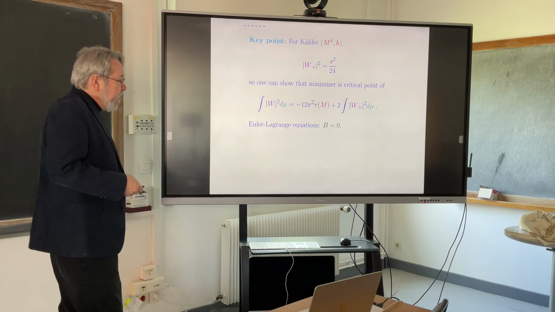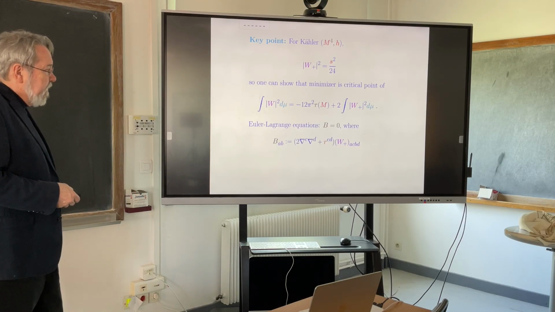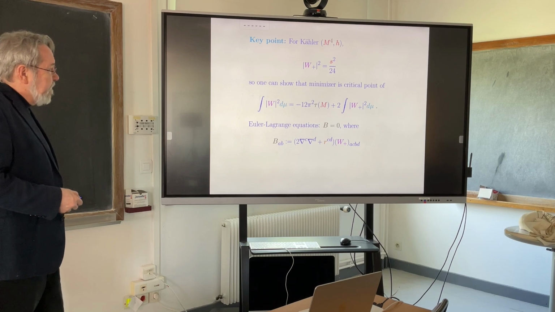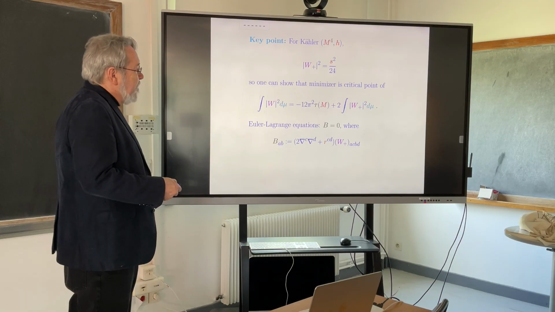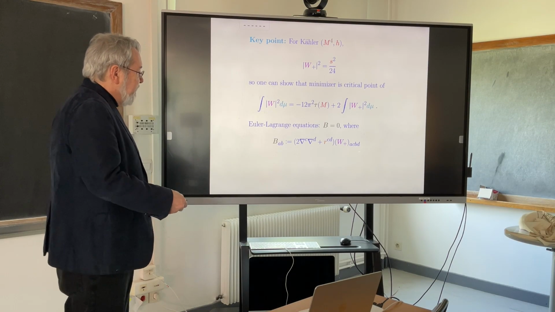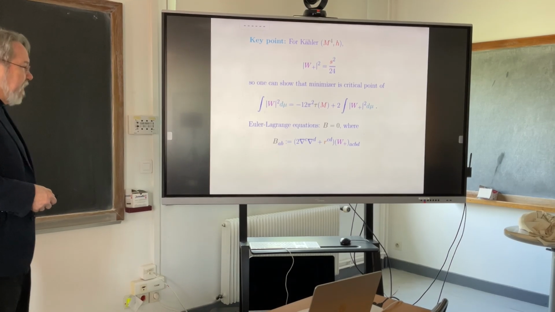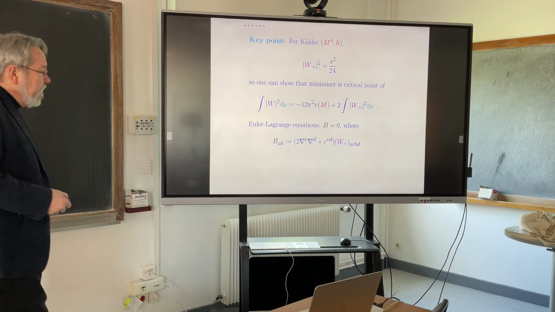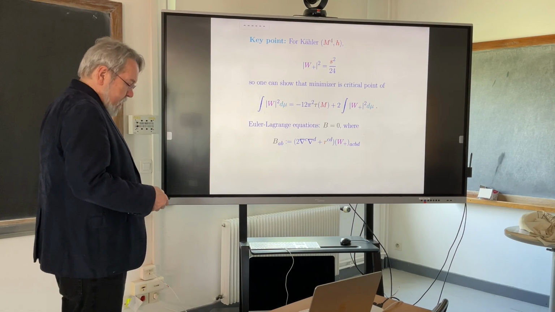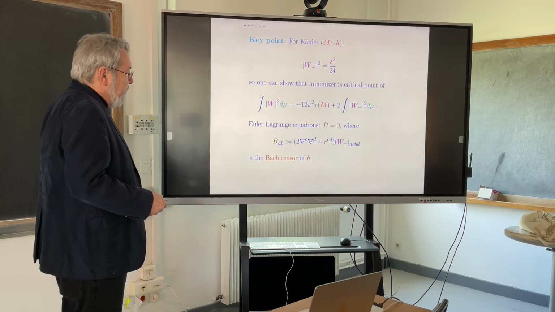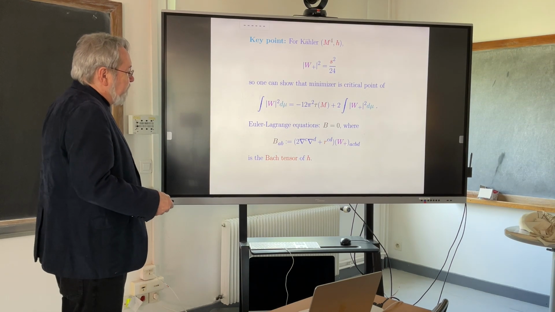It gives rise to a symmetric 2 tensor called the Bach tensor, which is usually written in terms of W, but if you write this as a variational problem for the integral of W plus squared, you can see that the Lagrange equations come down to the vanishing of this Bach tensor. The Bach tensor involves a double divergence of W plus the contraction of the Ricci tensor with W plus.